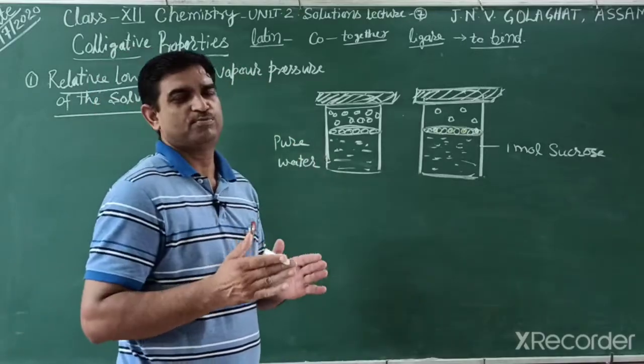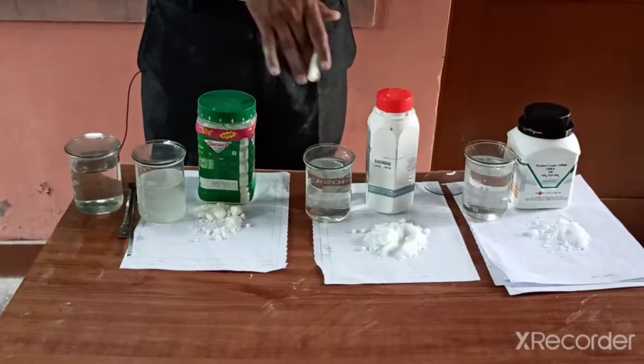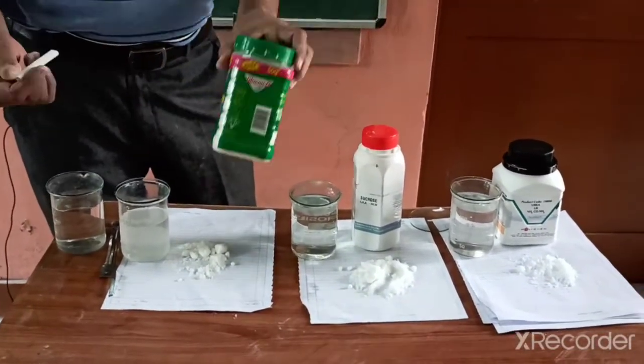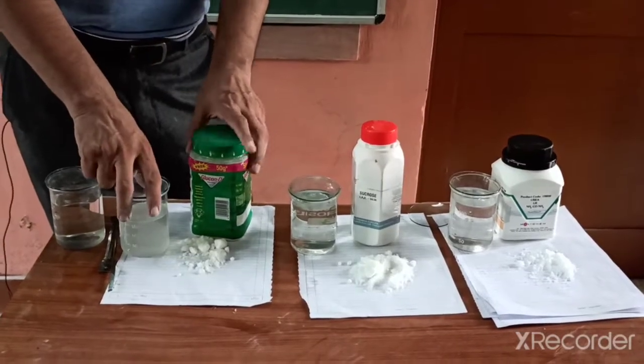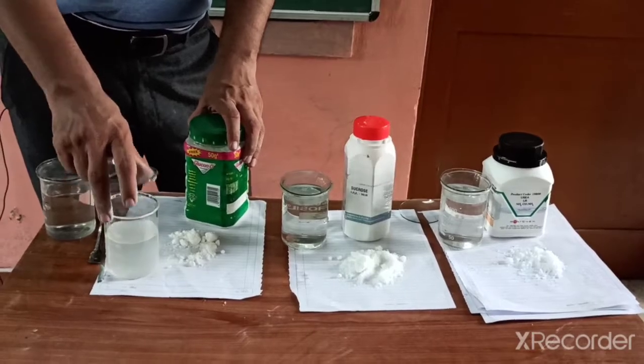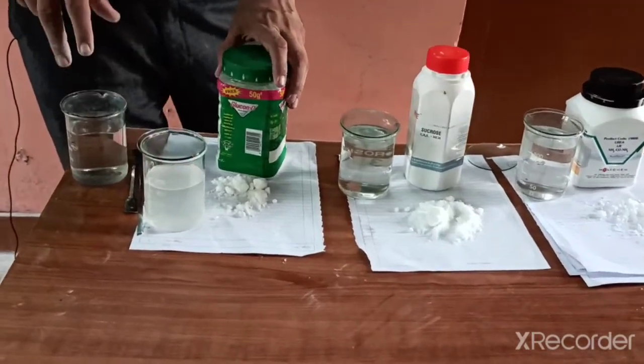To understand this property, we explain it by an activity. There are three solutions. First one, glucose, Glucon-D that we eat. In this 250 ml water, I put 0.5 mole glucose.